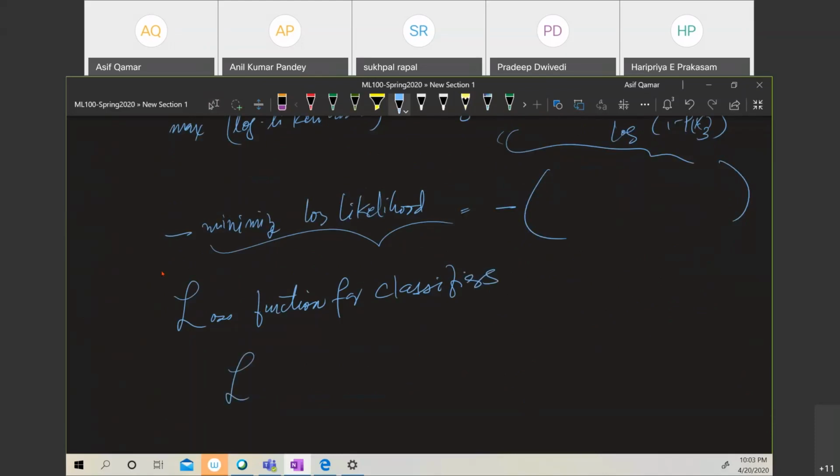So the loss function for classifiers is minus the summation over all the positive cases, let's say log p(xi), and then minus the summation over the negative cases, let's say not blueberry, of log of 1 minus p(xj). So when you do this, this is your loss function, though people write it in a slightly interesting way.